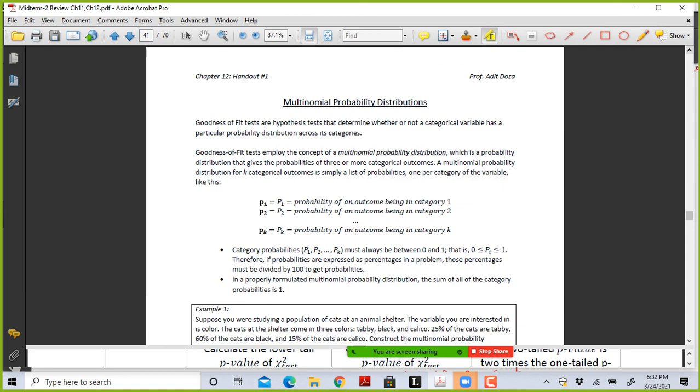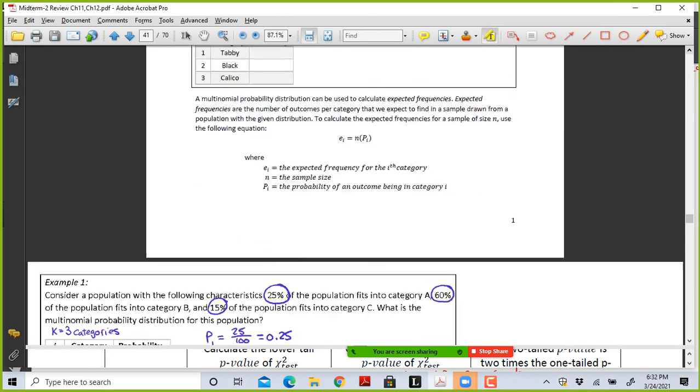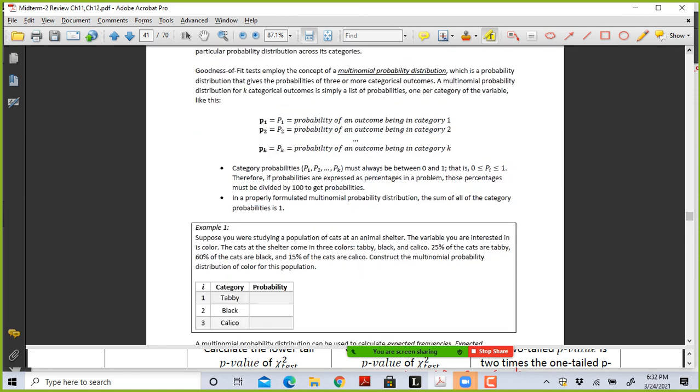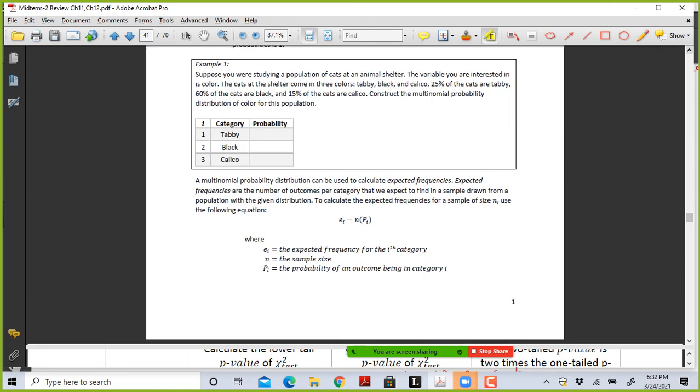Okay, so for chapter 12, you need to know what multinomial probability distributions are. Okay, so what's an expected frequency? You write down the formulas.